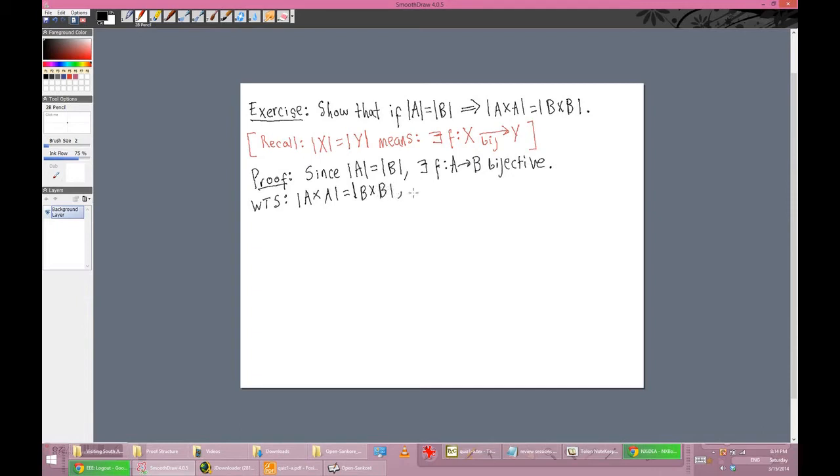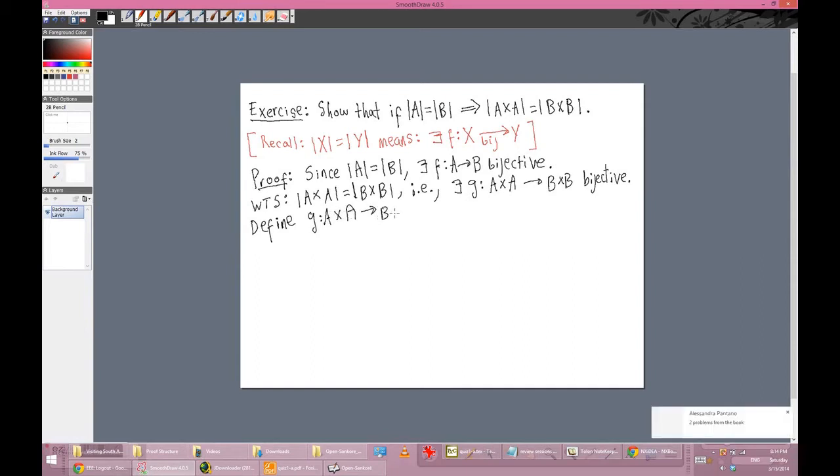And in order to do that, we need to find a new bijection. So we need to find some G going from A cross A to B cross B that is bijective, meaning one-to-one and onto as well. So we need to define this G. There are several ways to do this, but the most natural way is the following.